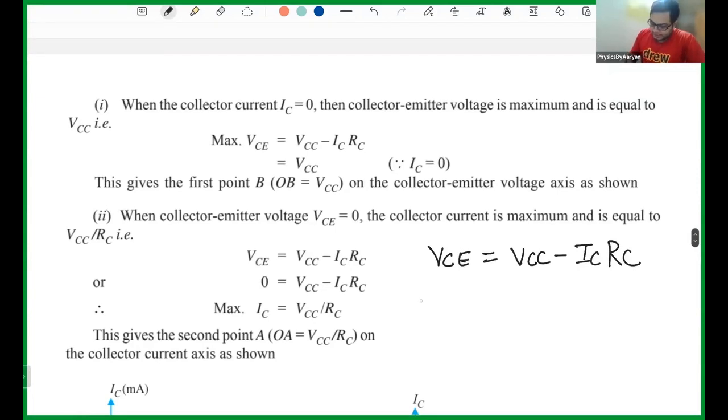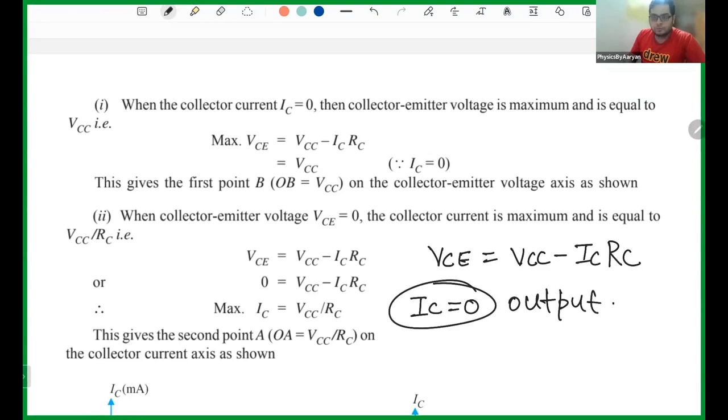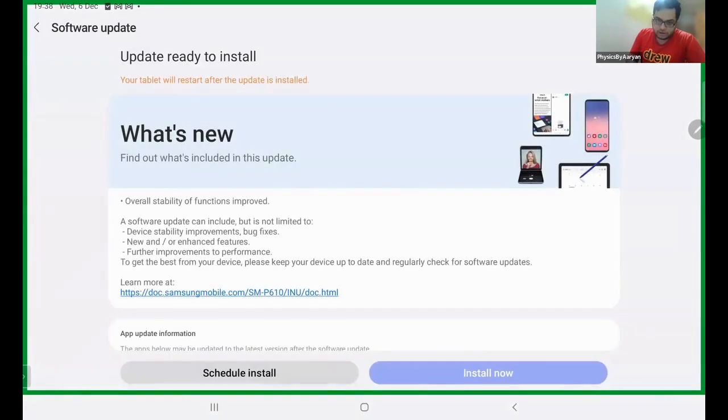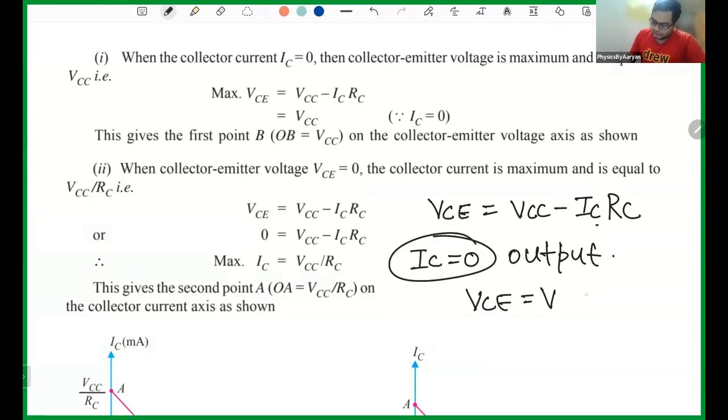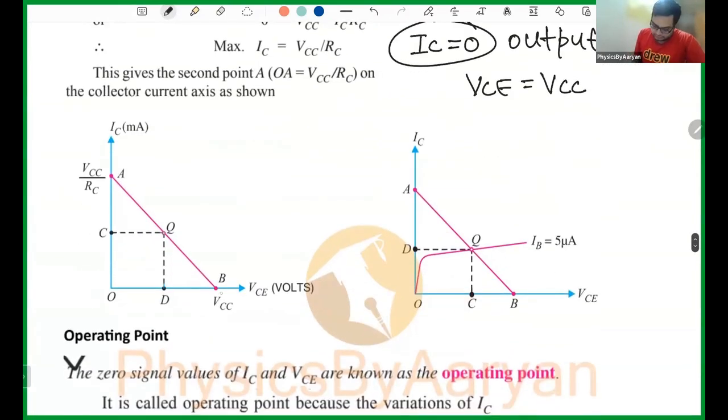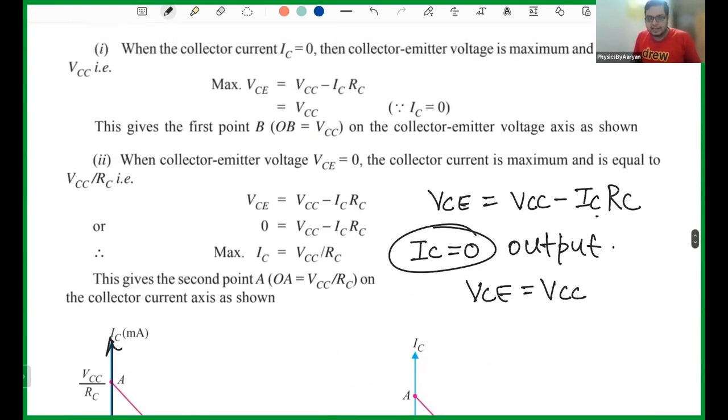When the collector current, meaning the output current, is zero, your VCE will be equal to VCC. So when your collector current is zero, your load line touches which point? VCC, which is the output battery you have applied. And in the second case, let's say VCE is 0.